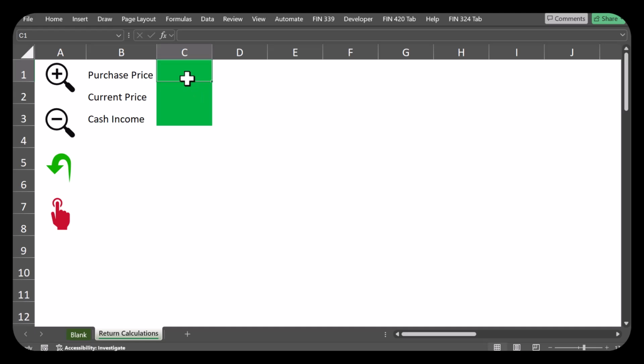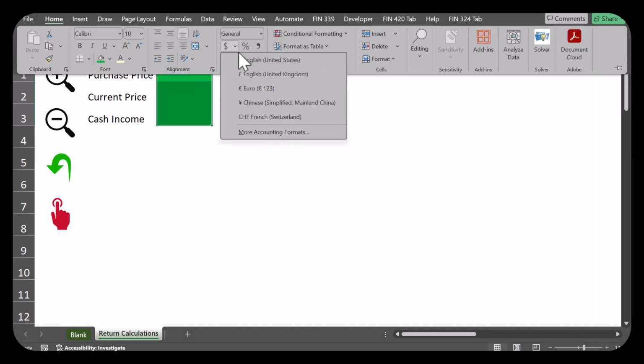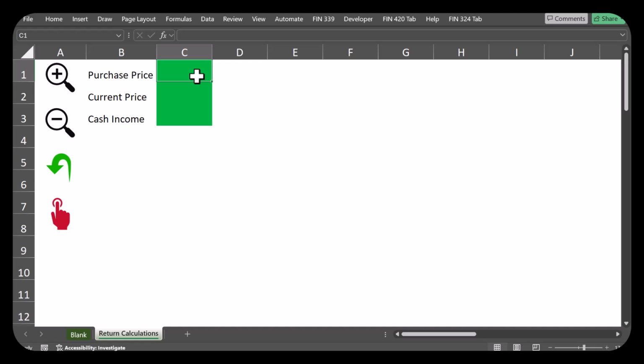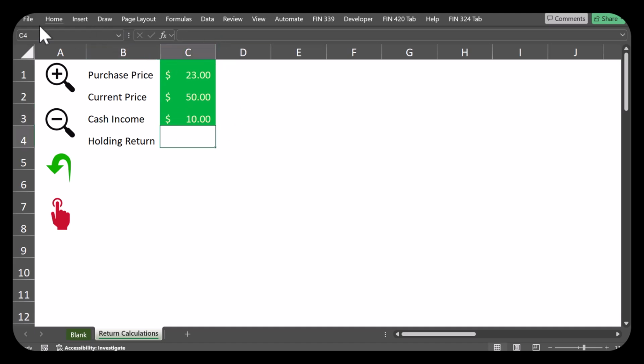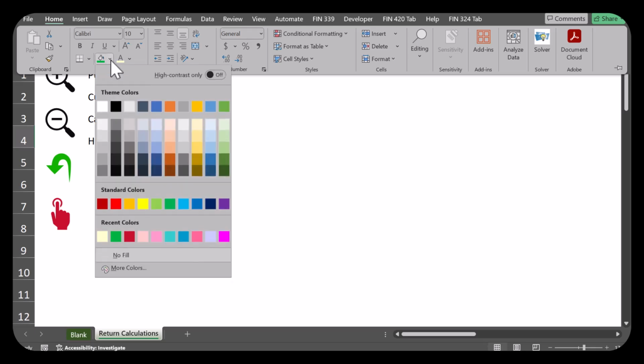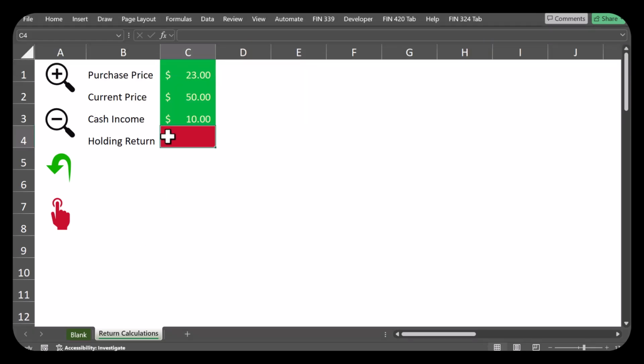And let's make these dollar. Bought it at $23. It's now 50. And I also made $10 cash income. I'm gonna give that a Welsh crimson color, also known as C8102E.